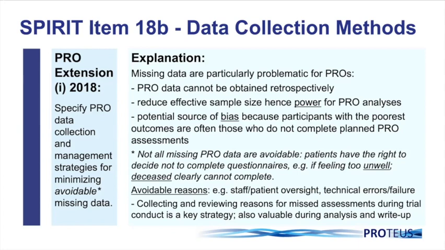So you see, there are many avoidable reasons, and this is why you need to have a plan about your strategies for minimizing these types of missing data. A very important part of such a plan is to collect the reasons why any assessments are missed, and then to review those reasons during the trial's conduct by site.